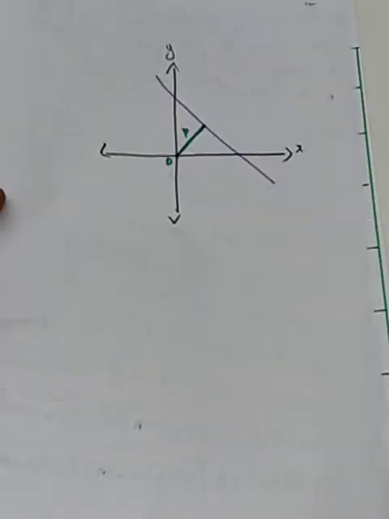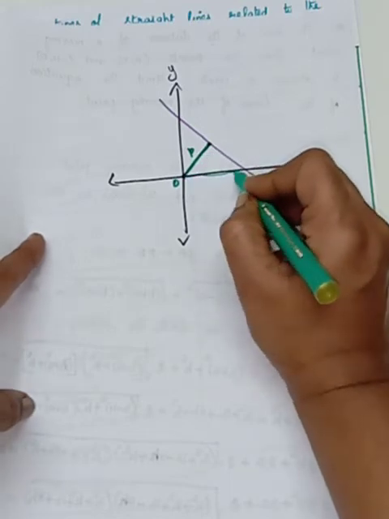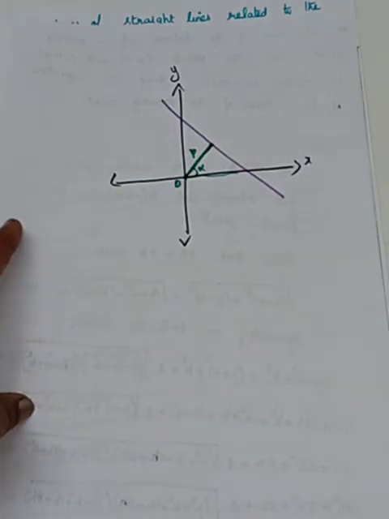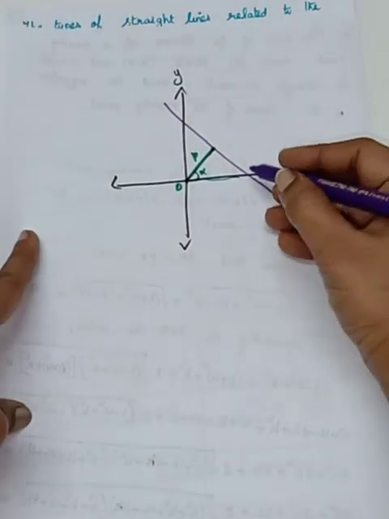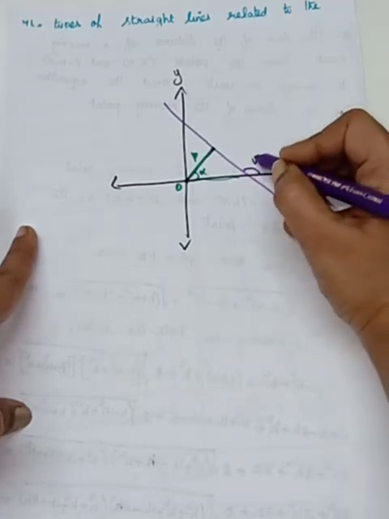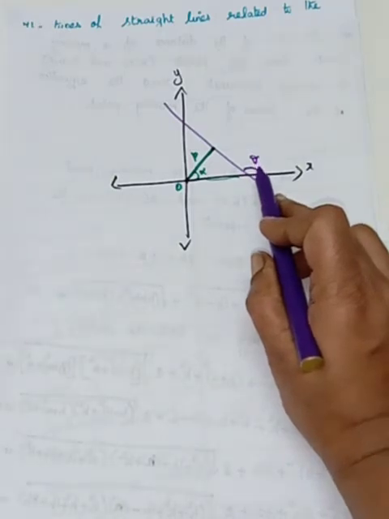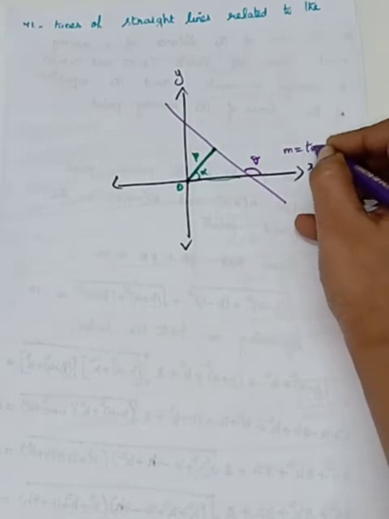So alpha is nothing but the angle the perpendicular makes with the x-axis. So this is your alpha. Now see here. In the straight line, the angle with the x-axis can be denoted as theta, and from this angle we can find the slope using the formula m is equal to tan theta.